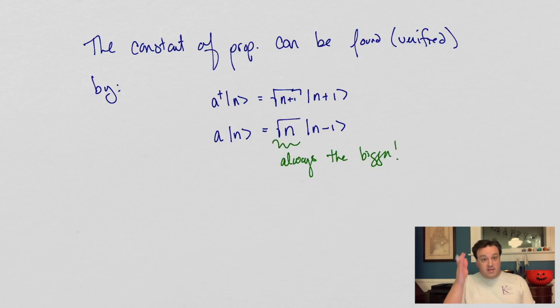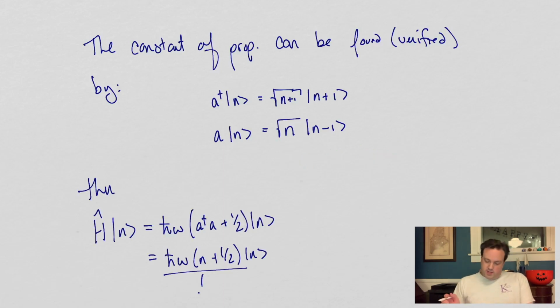And for how I remember these, this is the thing that I get wrong, which is why I have to think about it. In either case, whether you're raising a state or lowering a state, there's going to be one of those two states that's bigger, and that's the number that goes inside the square root. For some reason, I always think it's the other one, and then I get it wrong. Anyway, the number inside the square root corresponds to the larger eigenstate.